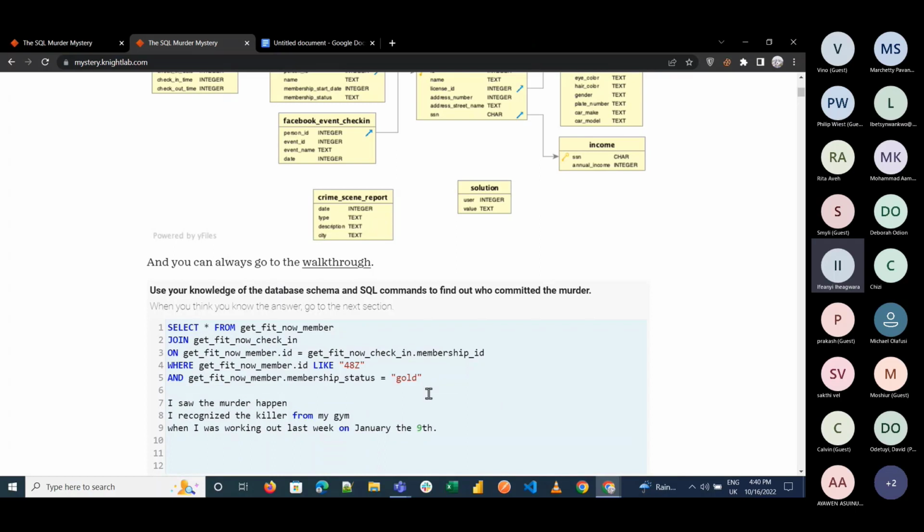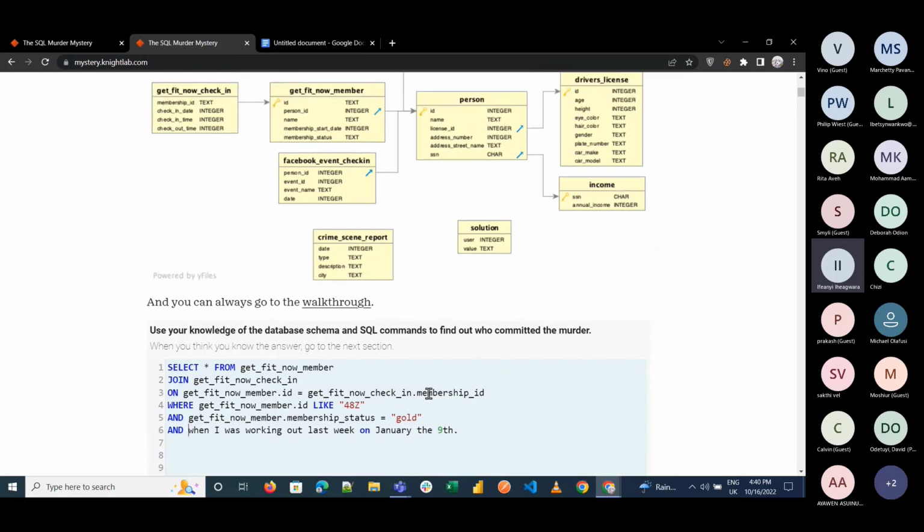We also saw that a mother was at her gym. So now let's also use the dates that she told us. That information is on the Get Fit check-in table, and the column is called check-in date.